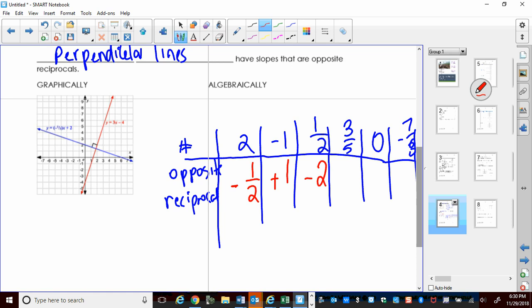So all we're doing is just flipping it over. The opposite of the positive is negative. For 3/5 the reciprocal is 5/3. Now this one is special: the reciprocal of 0 is undefined. And for -7/8, it's positive 8/7.